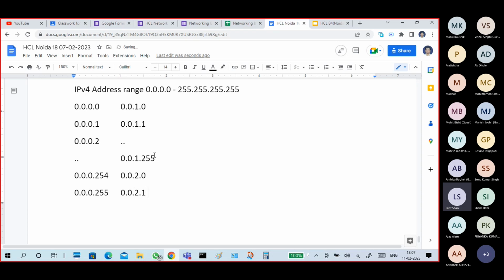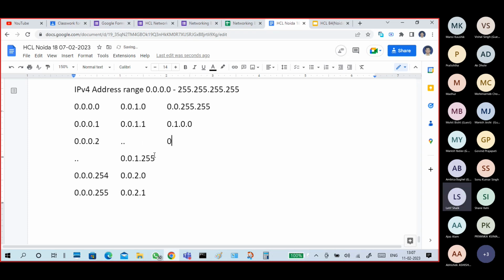It continues like that, up to 2.255, and then 3 and so on. Then it goes up to 255.254. So 255 reaches, then it will go again to 1.0.0.